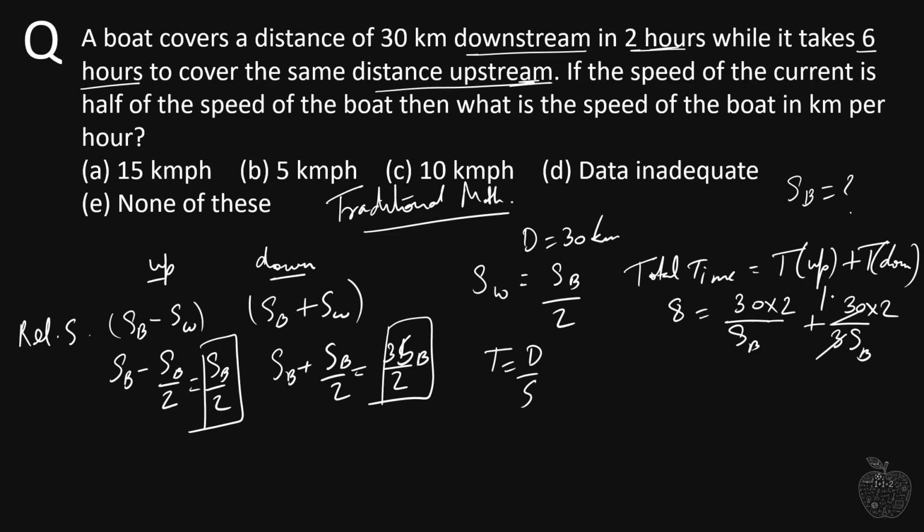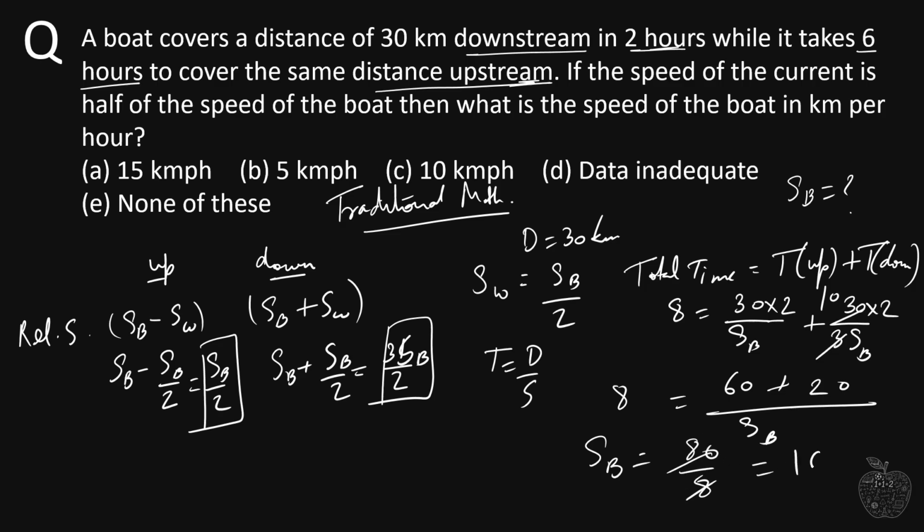Let's solve this. We get LCM as SB, 30 2s are 60 plus 10 2s are 20. So we get SB equal to 60 plus 20, 80, divided by 8, which is equal to 10. And this is our required answer.